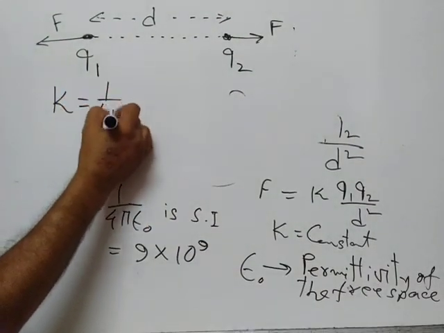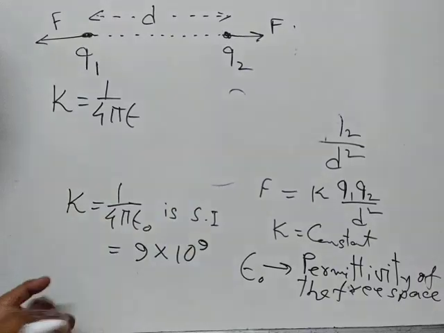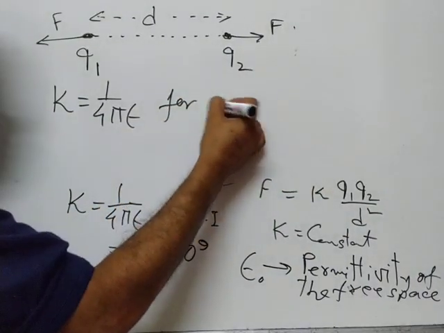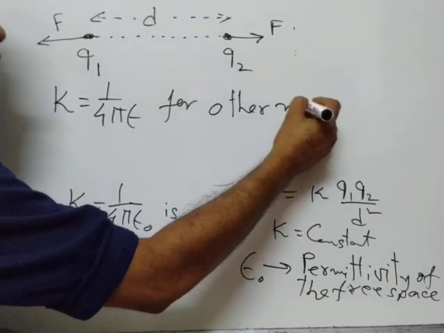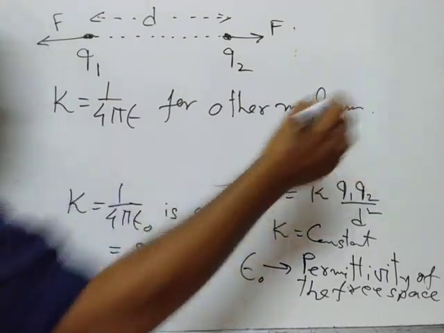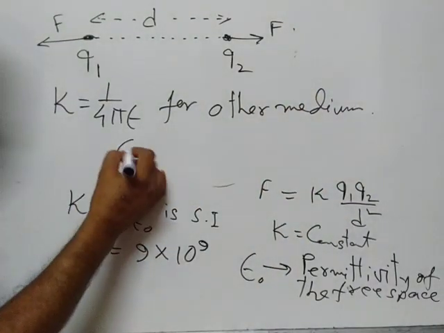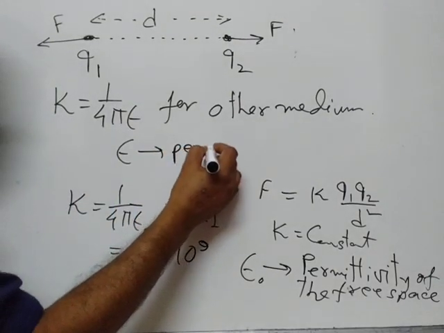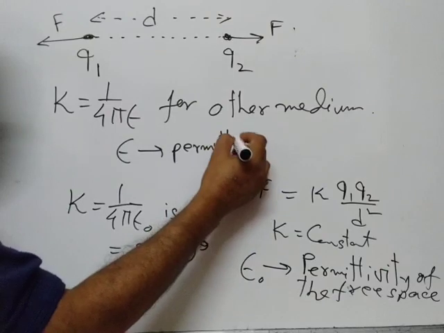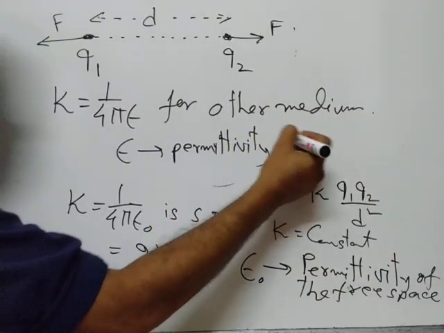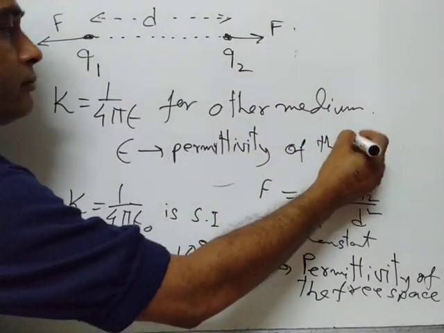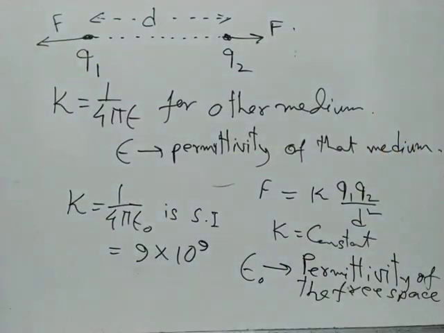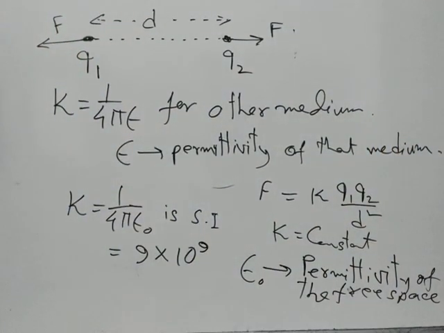K is 1 by 4 pi epsilon for other medium, where epsilon is the permittivity of that medium where the two point charges are situated.